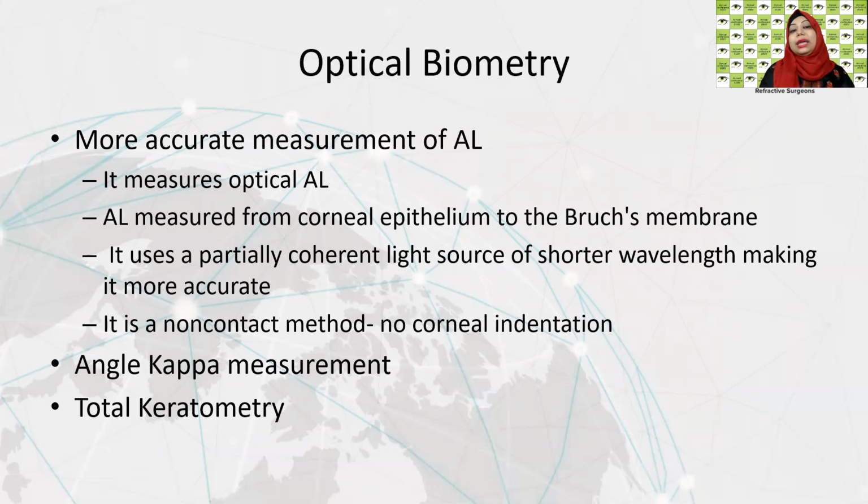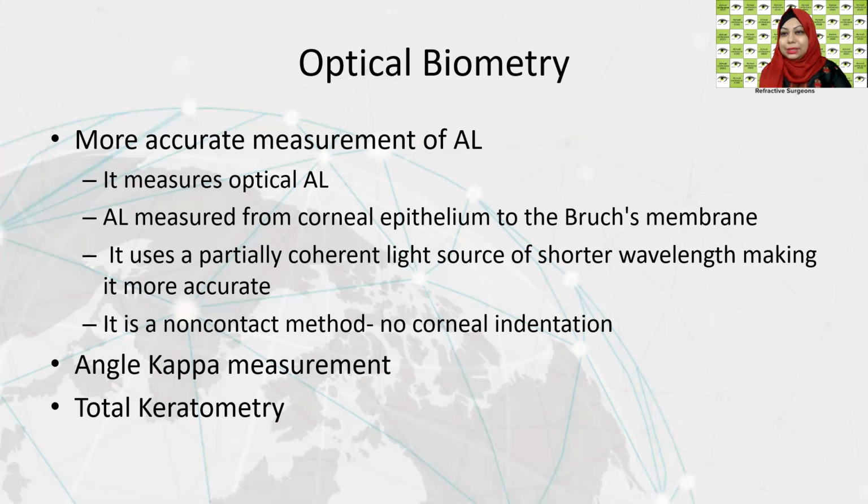And it measures the axial length from the corneal epithelium to the Bruch's membrane rather than only the internal limiting membrane, which is measured by ultrasound biometry. And over here, light wave is used rather than the sound wave used by ultrasound biometry, which has a shorter wavelength and is also more accurate. And fourth, this is non-contact.